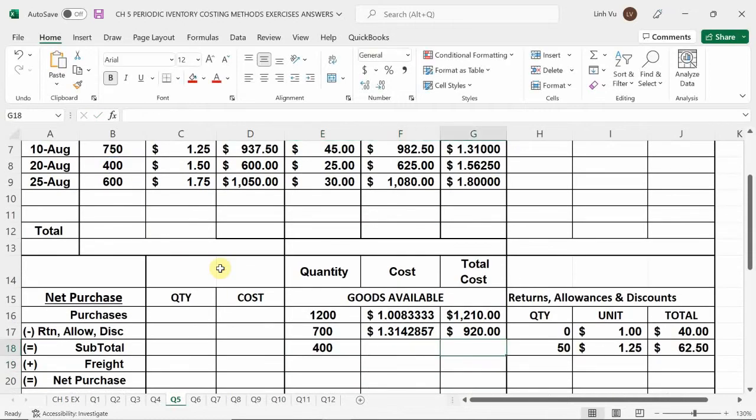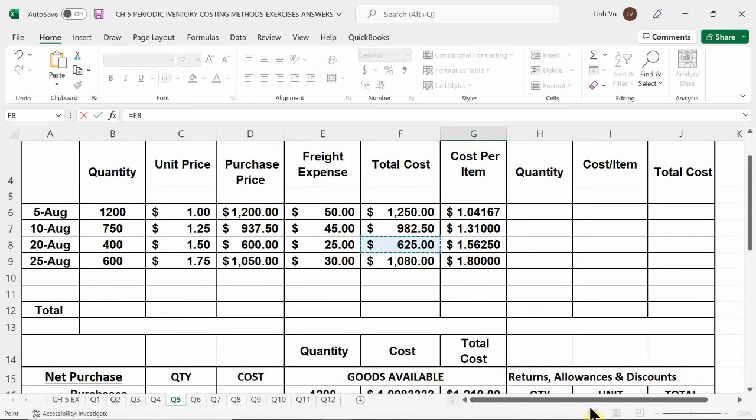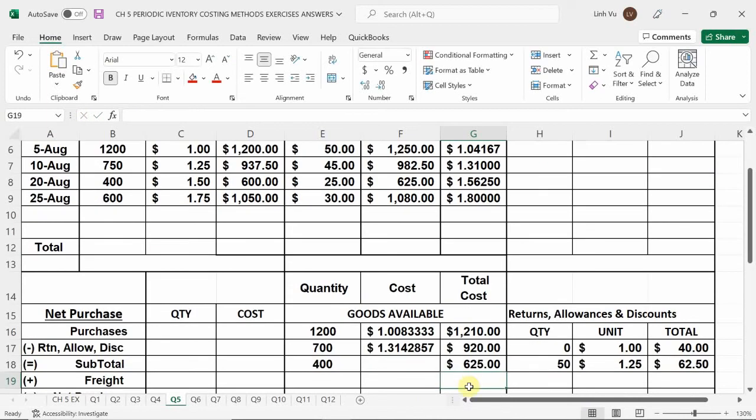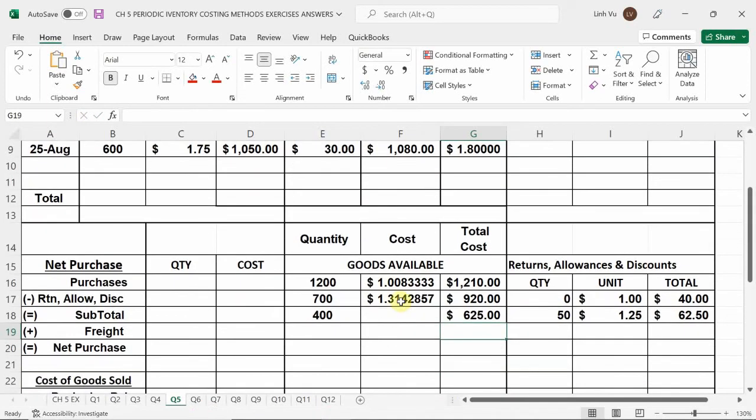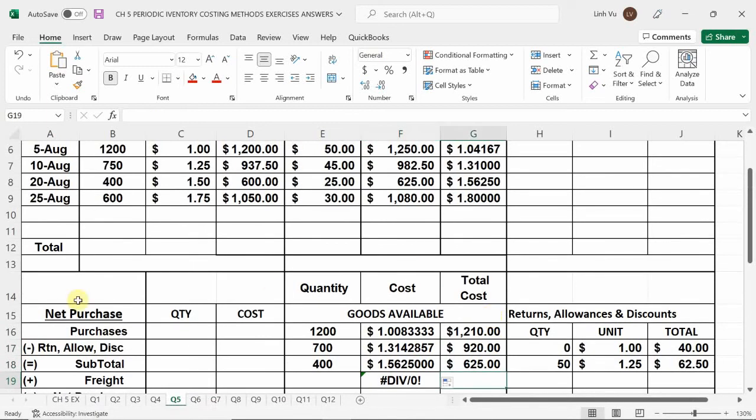So I'm going to copy everything, including the cost per item here. $6.25. And then I'll just drag my formula down. Okay. And then let's see what happens next.